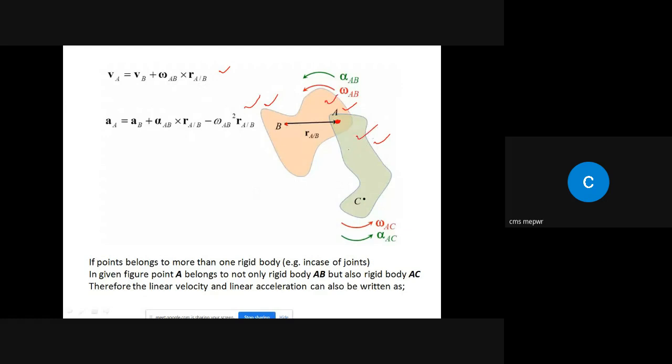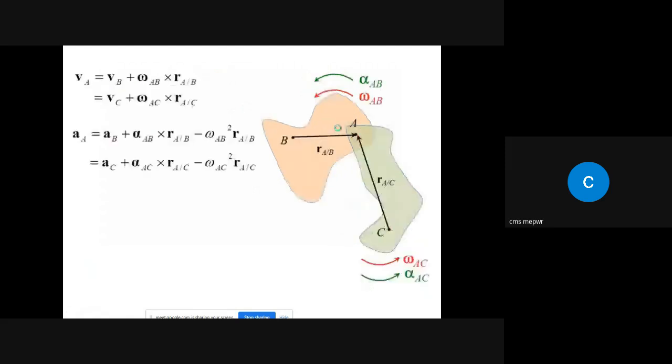So in this case, the linear velocity and linear acceleration can also be written by incorporating AC. Over here, we have V_A, a_A, with respect to point B. If you want to write it for AC, for the second rigid body, the velocity and acceleration of point A, we can write it like this: replace V_B by V_C, a_B by a_C, and position vector r_A/B by r_A/C.